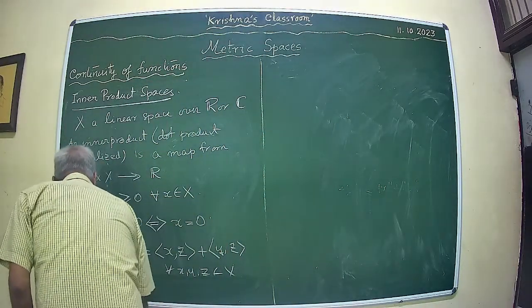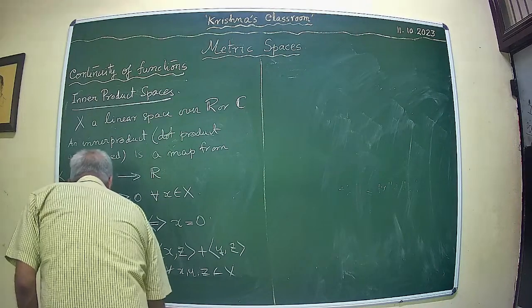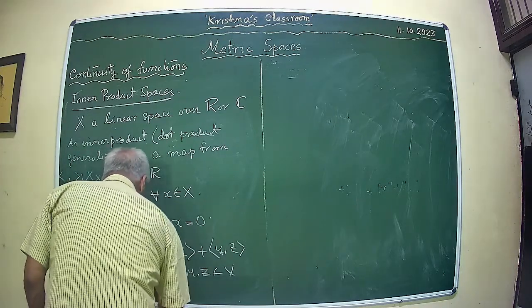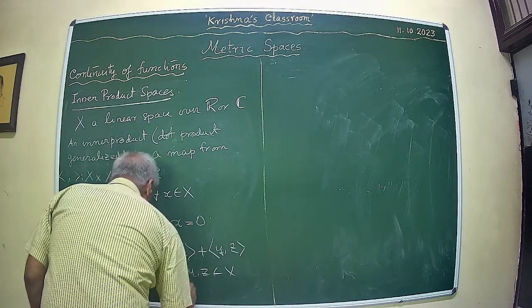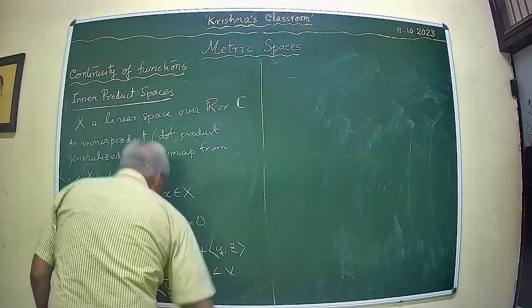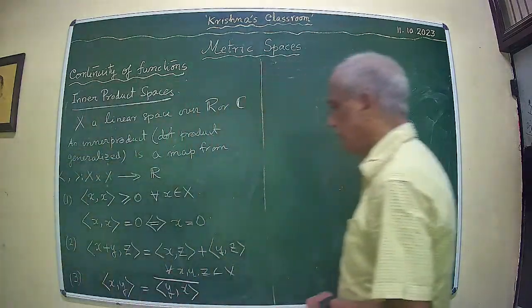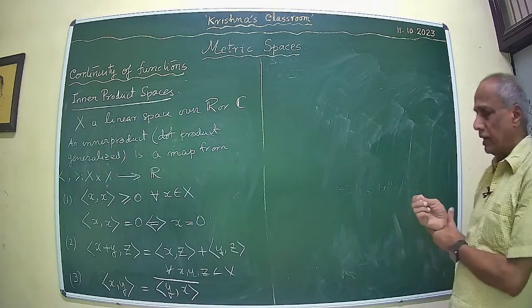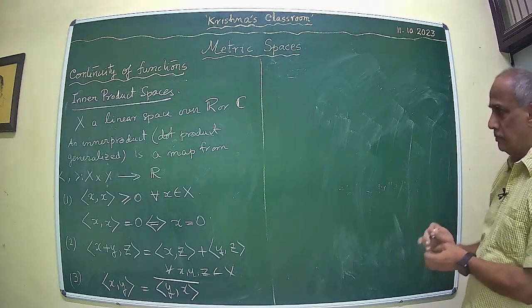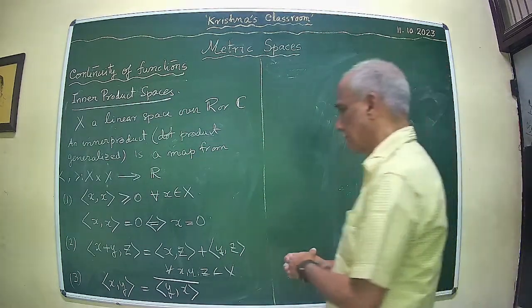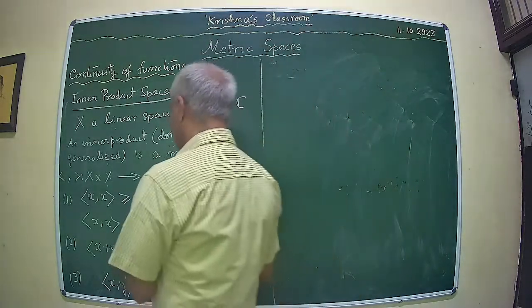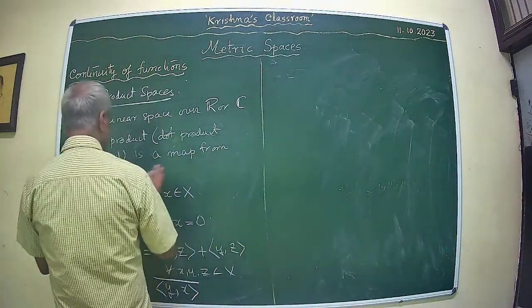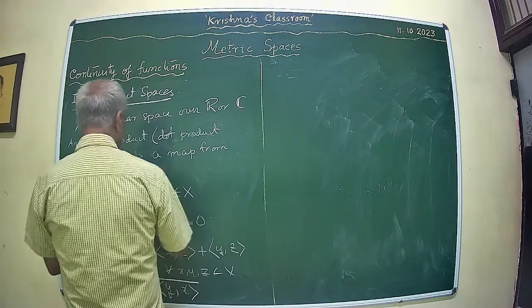That is (x, y) equal to (y, x) conjugate. Now conjugate is relevant when you work with C. Okay.